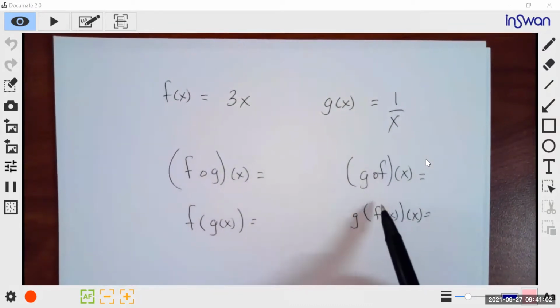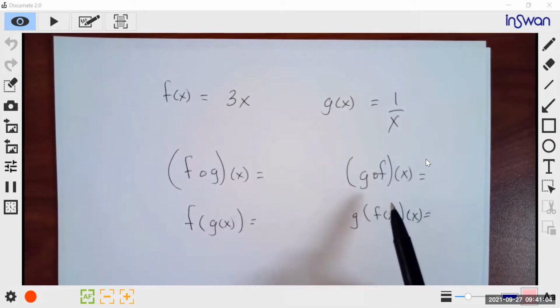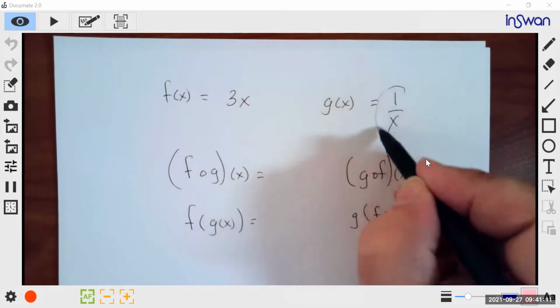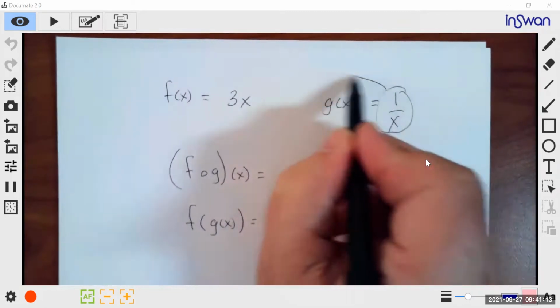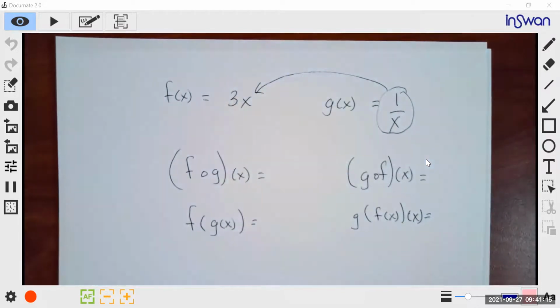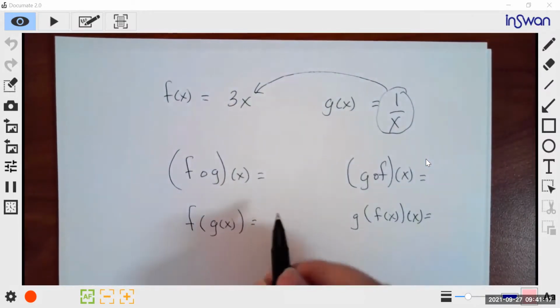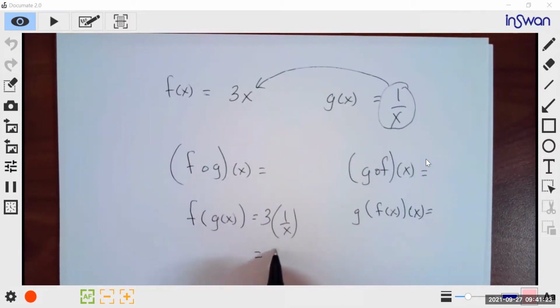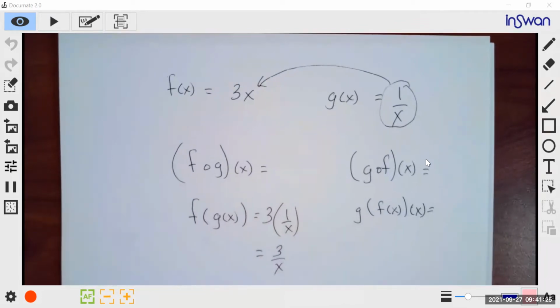If you make this connection here, now all this means is this. Whatever you see in g, whatever's in here goes in here. So it's 3 times 1 over x, or 3 over x.